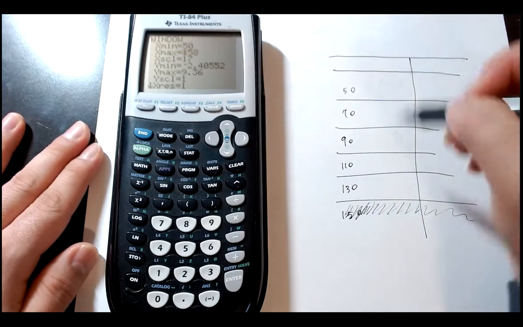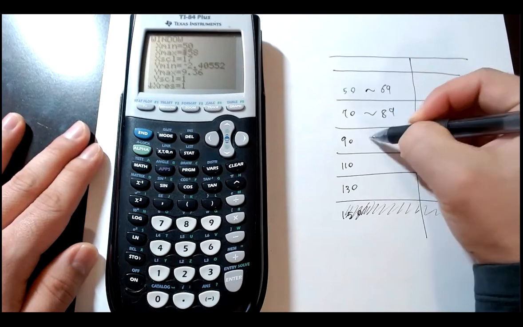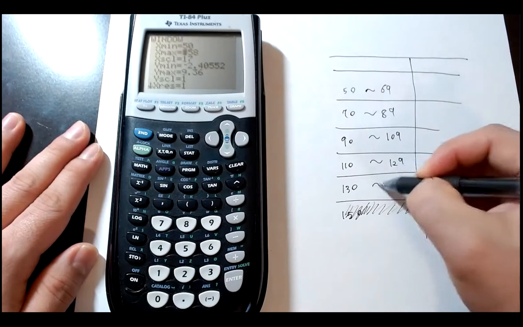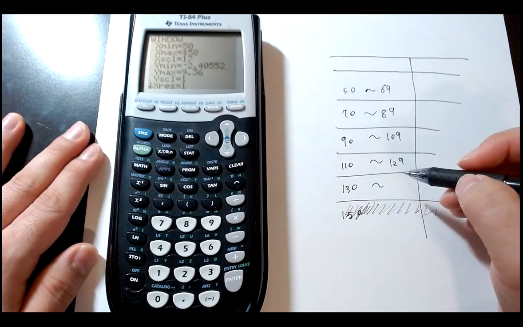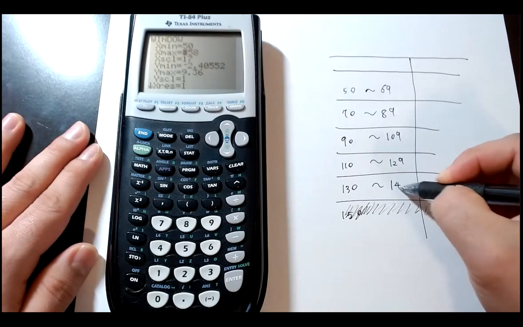Okay, and then 50 to 69, and then 89, and then 109, and then 129, and then 149, right? 149.